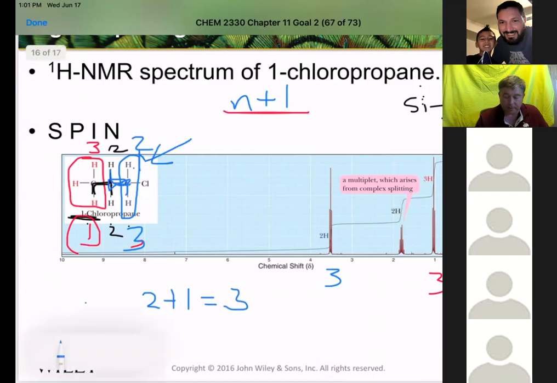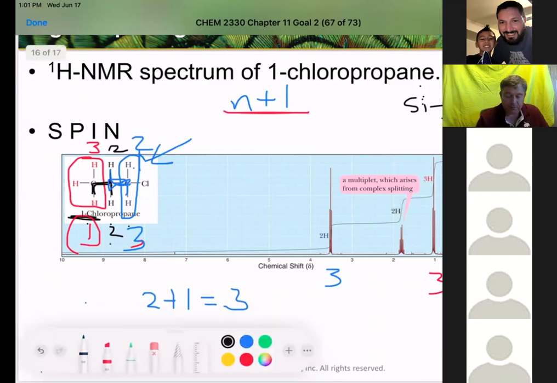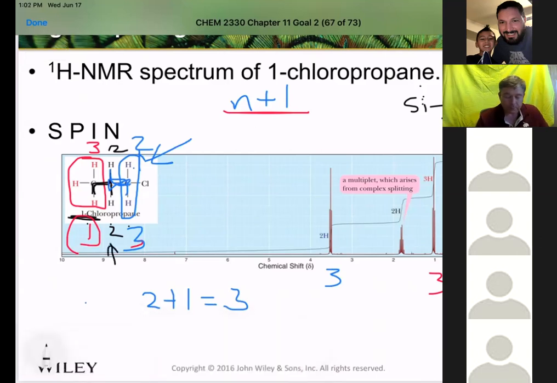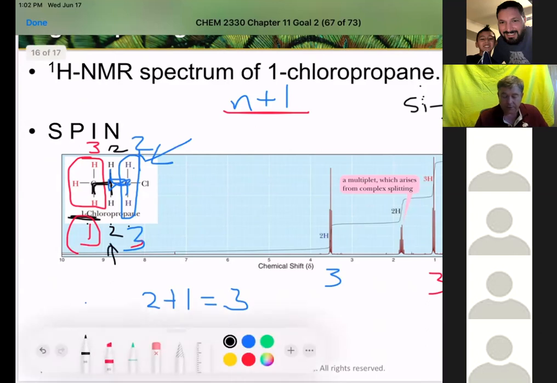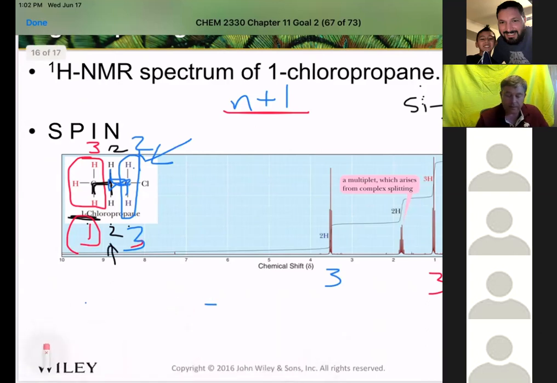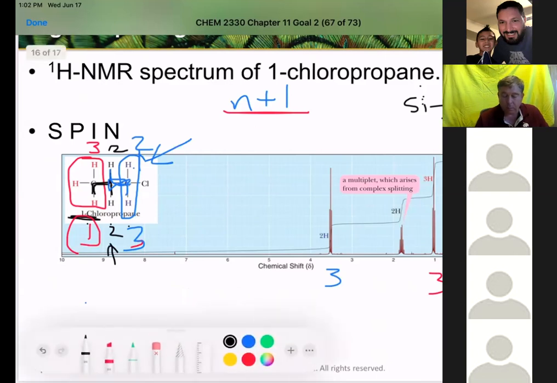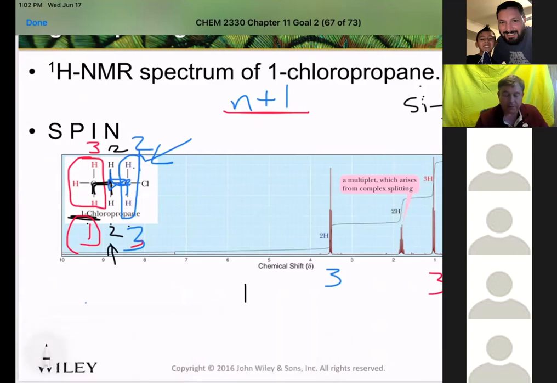All right, now let's look at number 2. Position 2 here. Okay, so in position 2, we get 1 peak for the hydrogens themselves, plus N, okay? So let's see, we have 1 hydrogen, 2 hydrogens, 3 hydrogens going the one direction, and the one on top is the same, so we don't count that one.